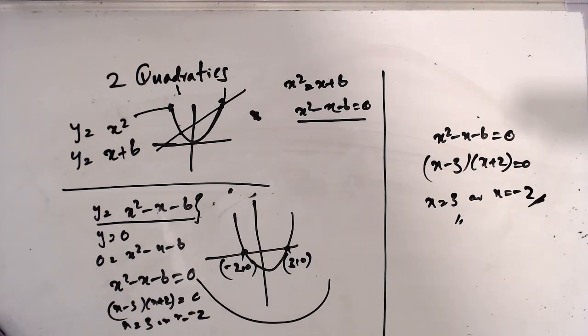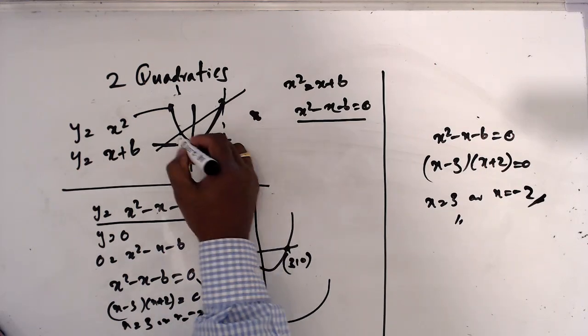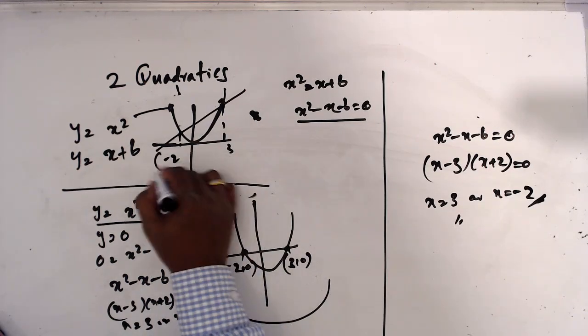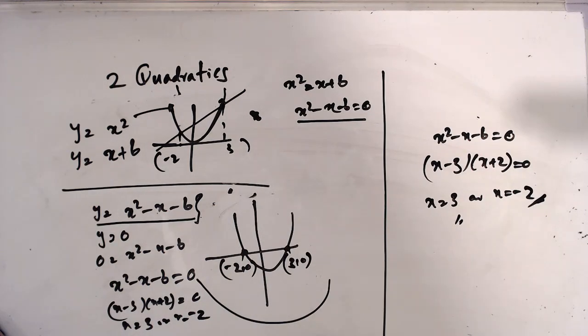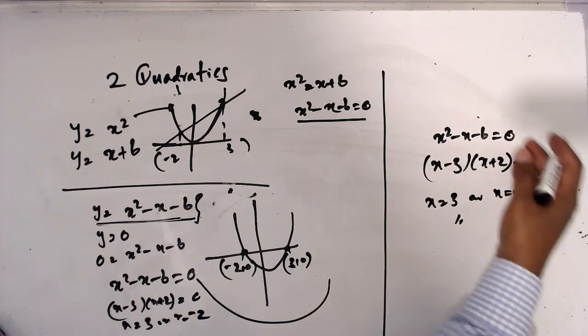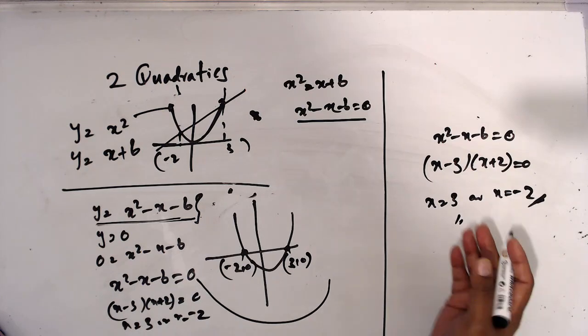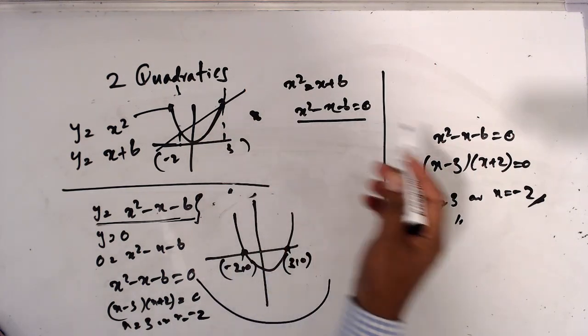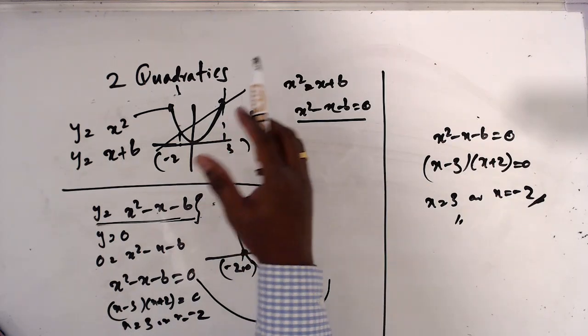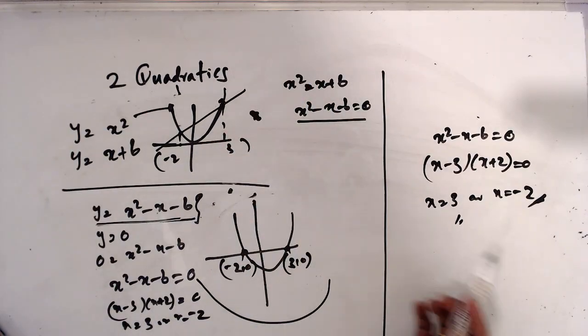Now this answer belongs to the x value of this intersection point, minus 2 or 3, or this answer belongs to the root of this equation. Yes, it can be both. If I ask to solve this equation, then it can be both. Either you will get this equation when you solve two equations as an intersection point, or as a root of another equation.